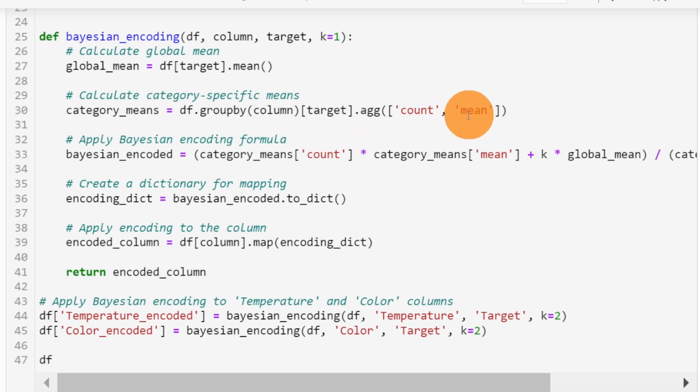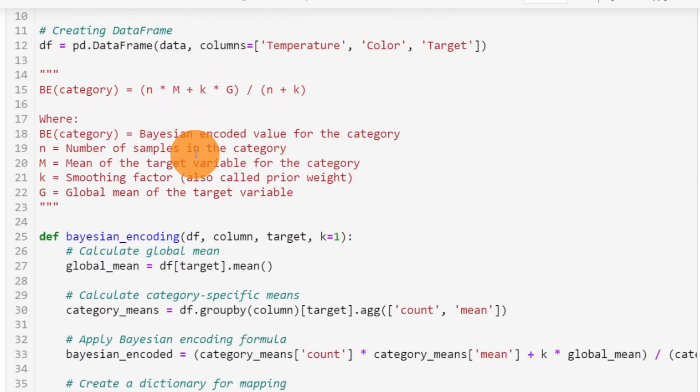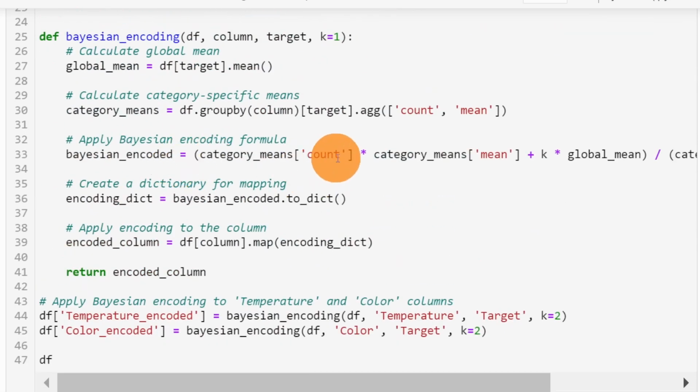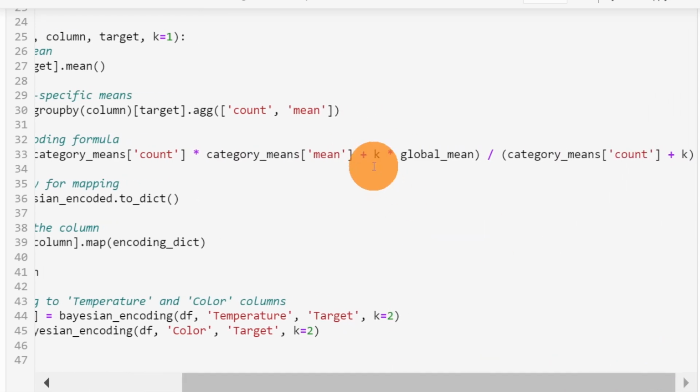Both will be used here for the formula. So applying the Bayesian encoding formula, this same formula. Here, the category means count times category means mean, plus K times global mean, whole divided by category means count plus k. So remember, k is 1 here.